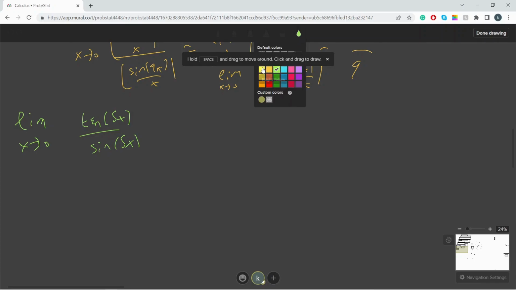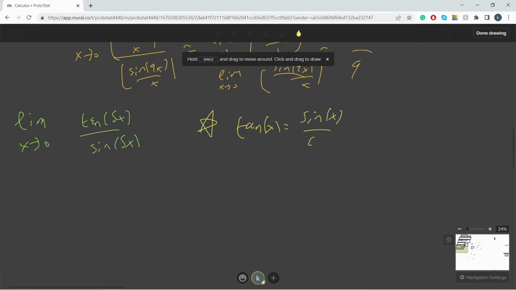What is tangent? Well, in the unit circle video, we said that tangent of x is just sine of x over cosine of x. So when we have this tangent, we can write it in terms of sines and cosines to make our life easier. And indeed, we can do that. So tangent of 5x over sine of 5x equals sine of 5x over cosine of 5x multiplied by 1 over sine of 5x.